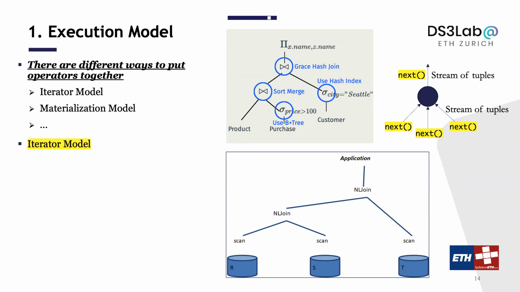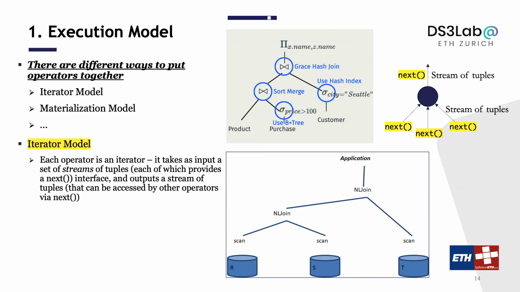The simplest thing is called the iterator model, which has a very simple view. We think about each node in the physical plan, corresponding to one operator, as an iterator. It takes as input the output of a whole bunch of other operators, and each one of them is a stream of tuples.